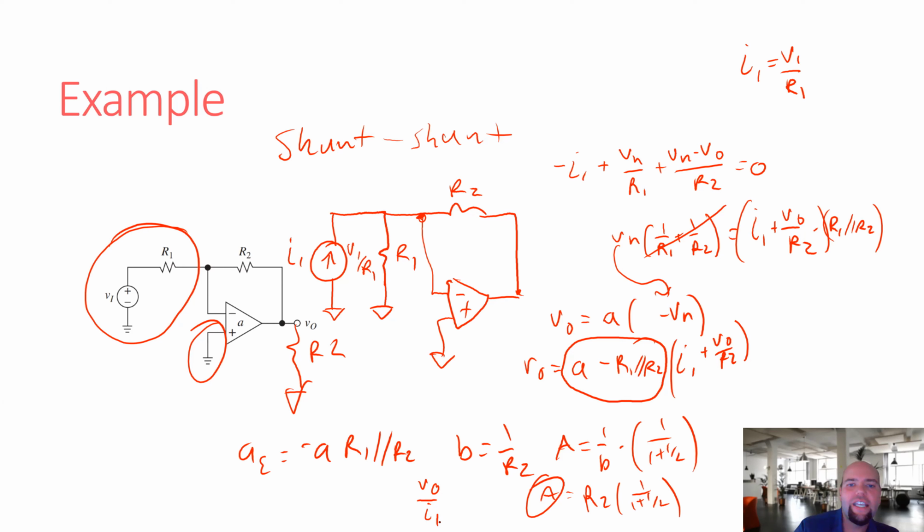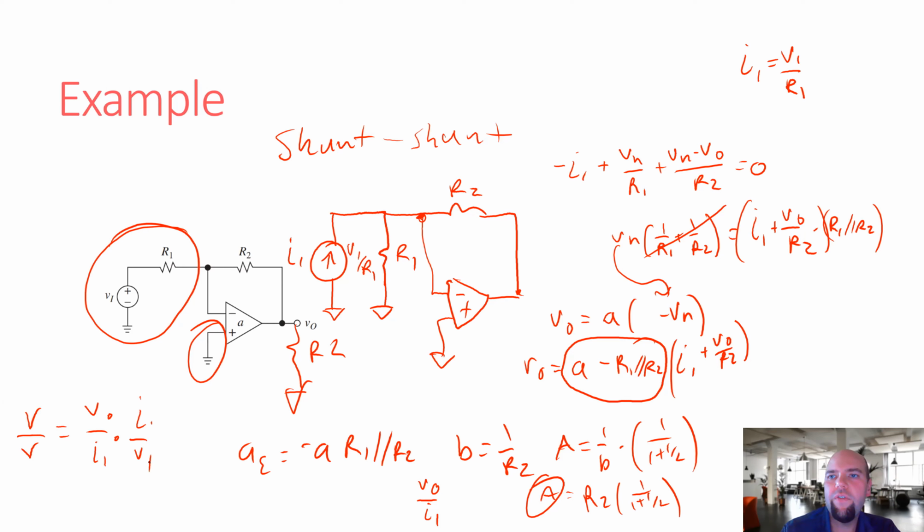So all we need to do is say the voltage gain of the system is going to be V out over I in times I in over V in.